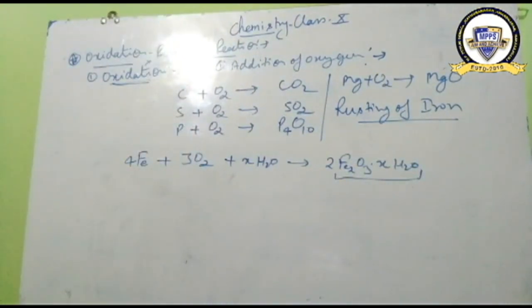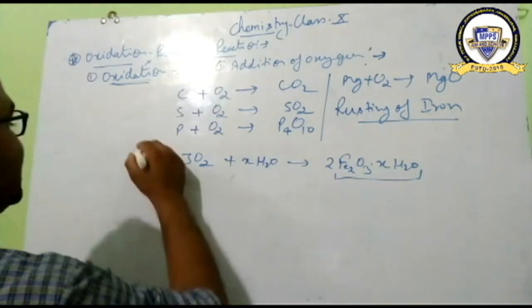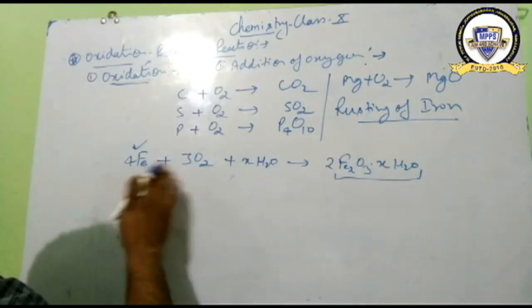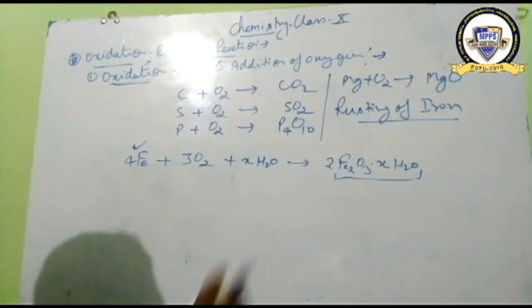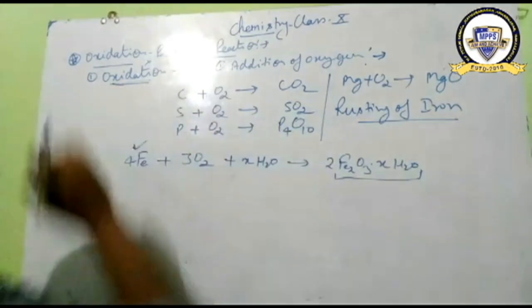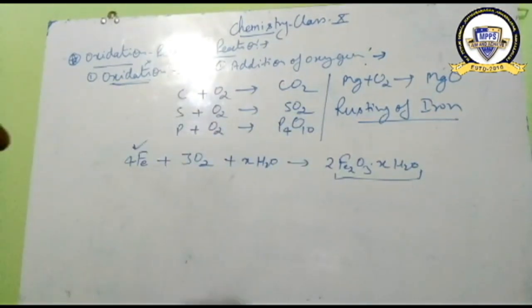This is oxidation of iron, because iron comes in contact with oxygen and forms rust in the presence of water vapor. This is the most common example of an oxidation process in our daily life.